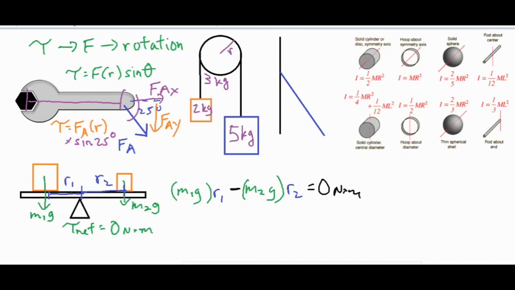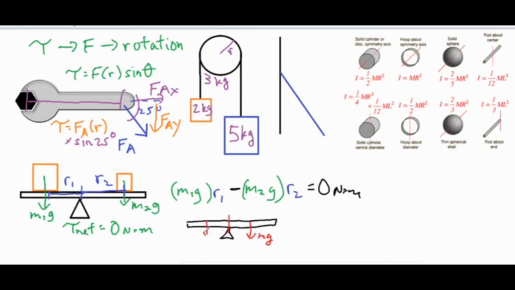Now, the only other thing to consider would be if the actual plank itself has a significant mass. If the plank itself has a significant mass, all you would do is take a look at the amount of the plank that is on one side, and then find the center of mass of that section, and it would have its own little mg causing torque on that side.